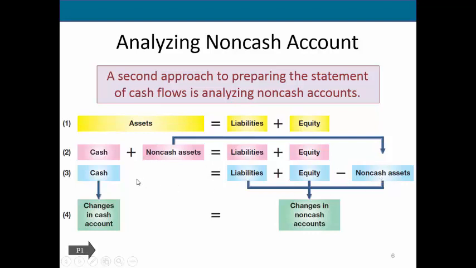So what this tells us is that any type of change in the cash account is going to have an equal effect in our non-cash accounts. So what you're going to see here is if a liability increases, we'll also see that change in the cash account. So if a liability increases, that means that you owed someone money, but you did not pay them cash.